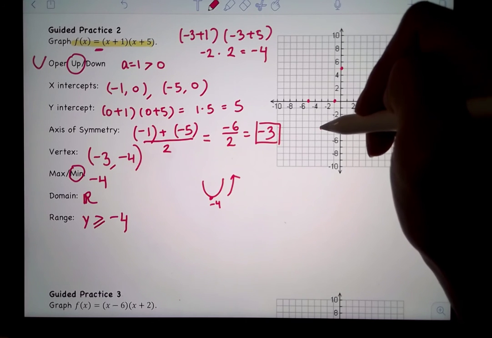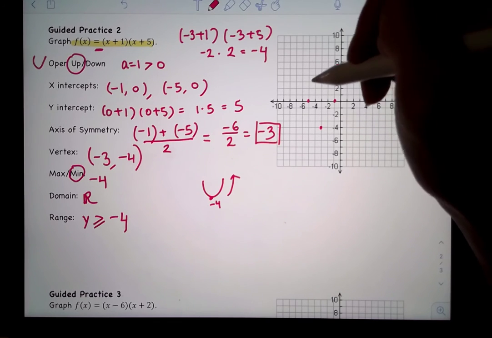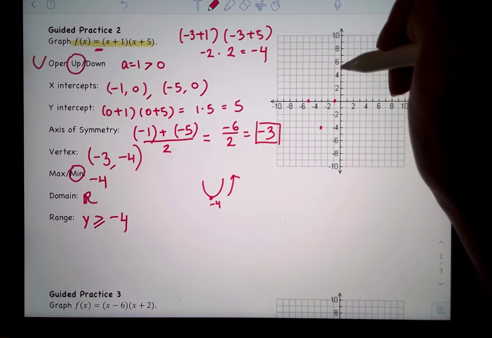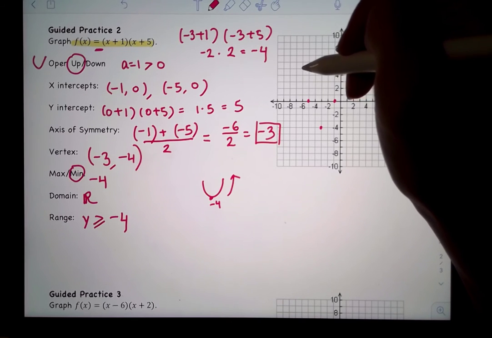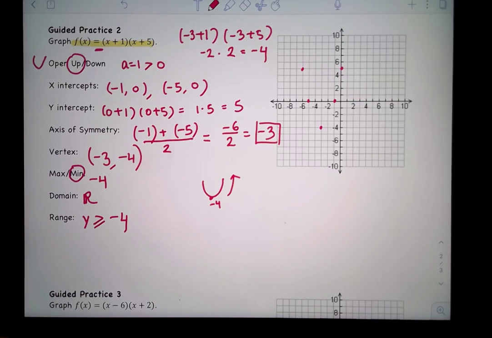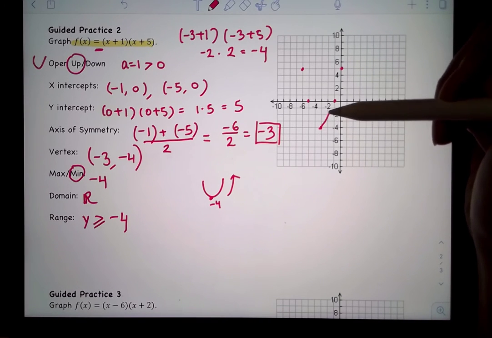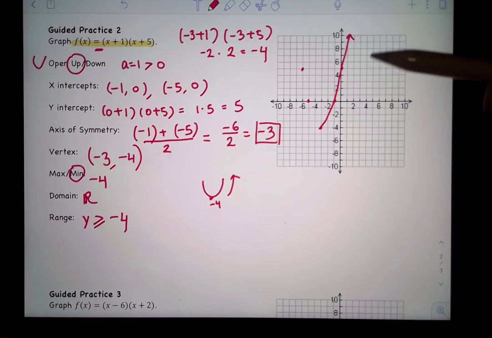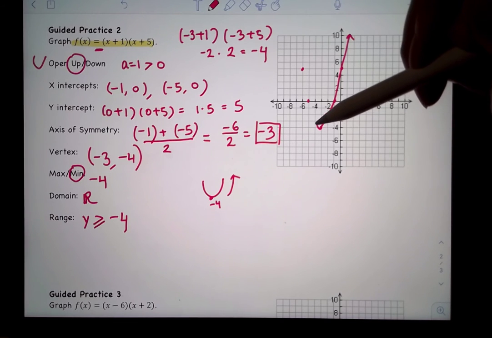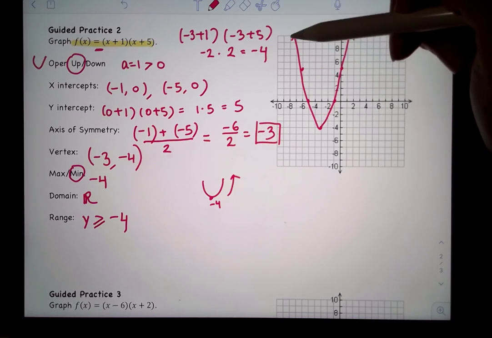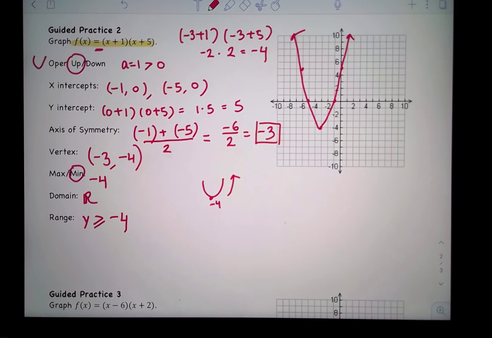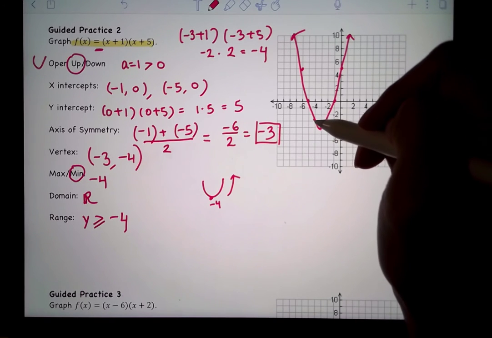So right here. And let's plot one more point because that's symmetric. So we can graph it like that. Okay, it looks like V shape, but actually it's not. That's supposed to be curved here.